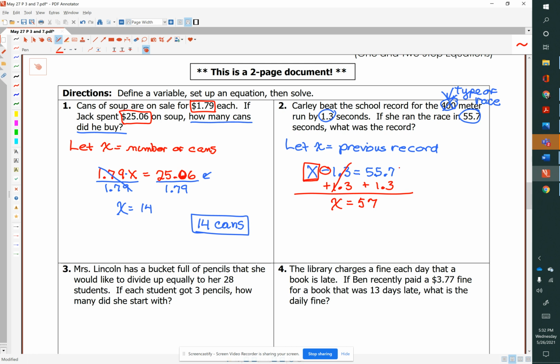So Carly's time was this short time, 55.7. The previous record, and we don't know who that was, 57 seconds, which was longer. So the question was, what was the record? Well, we were working in seconds here. So the record was 57 seconds.